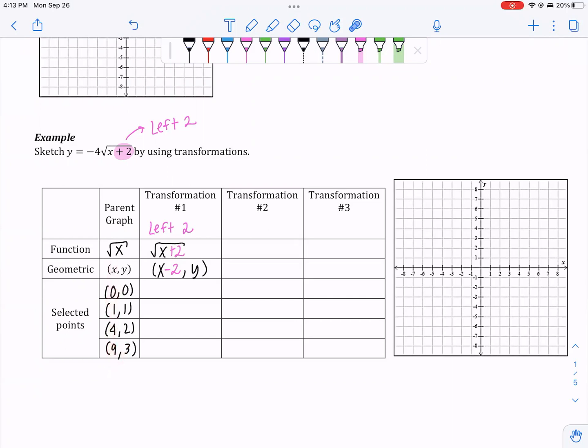So on all of these, I'm going to subtract 2 on the x value. We are leaving the y value alone.